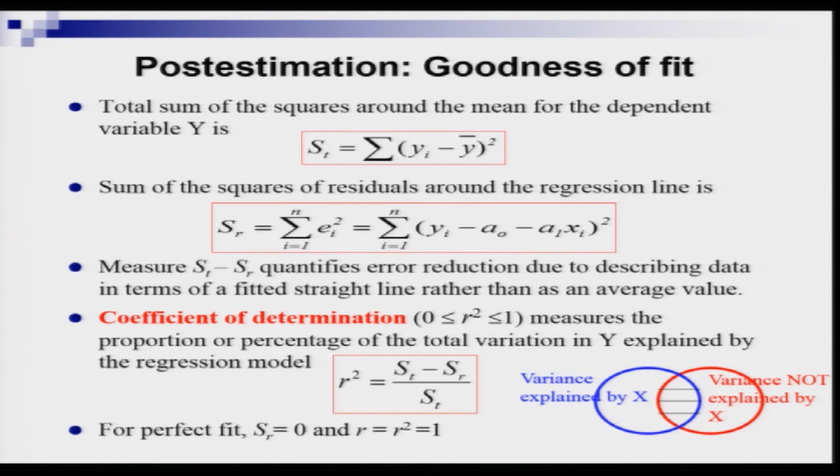And this diagram at the southeast corner of the slide is also going to give you a pictorial depiction of the coefficient of determination. Note that we are talking about variation in three things.